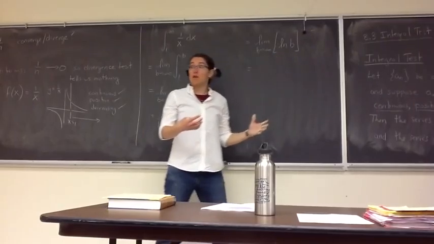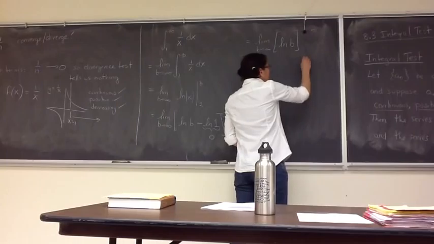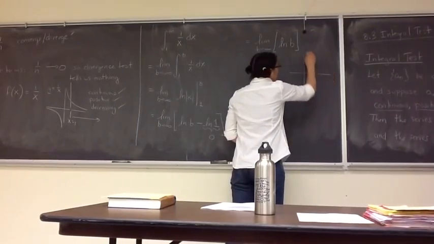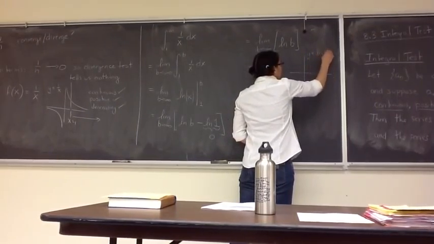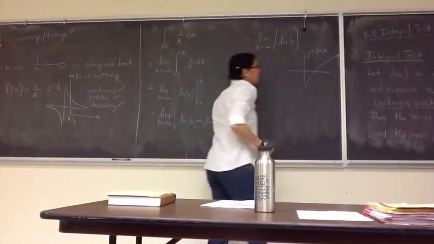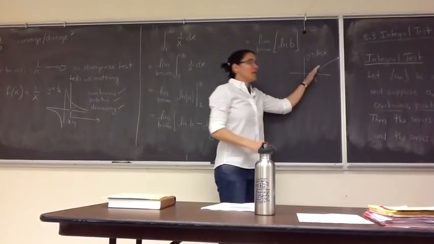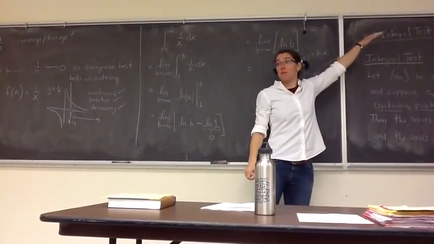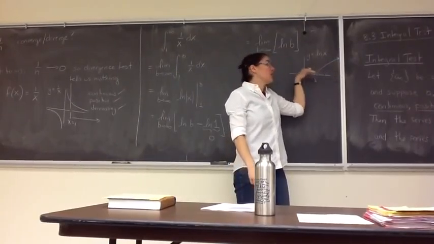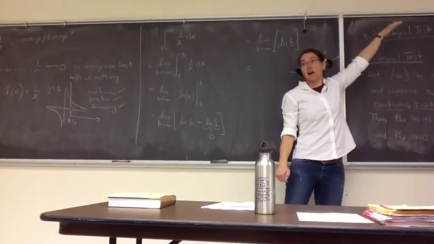And I might remember that this limit is equal to infinity, but if I wasn't sure, I could graph the natural log of x. And I know that this picture looks something like this. Okay, crosses at x equals 1. And this function continues to go up and up and up and up. So as b, or in this case x, gets really big, the graph of our function is getting higher and higher and higher.